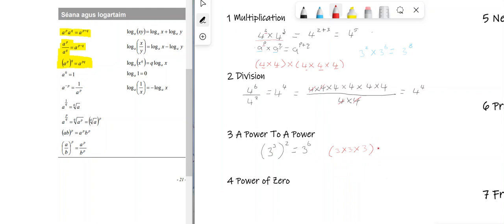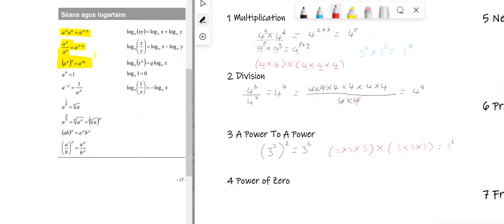So it's going to be multiplied by this again: 3 multiplied by 3 multiplied by 3. And then if we look at all of this, it's 3 by 3 by 3 by 3 by 3 by 3. So that's 1, 2, 3, 4, 5, 6. That's equal to 3 to the power of 6.